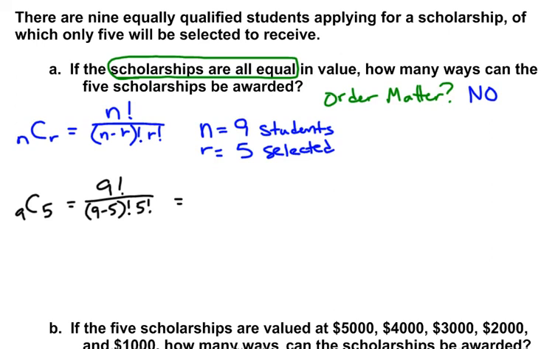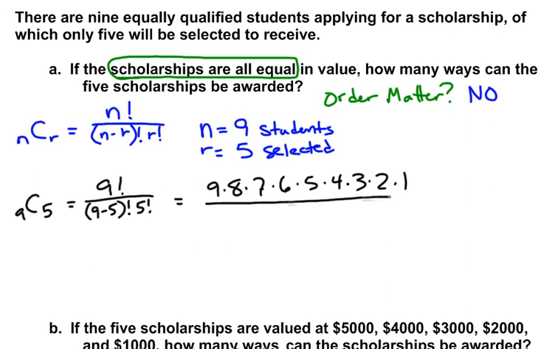And real quickly, that's going to be 9 times 8 times 7 times 6, 5, 4, 3, 2, and 1. And on the bottom, this is going to be 4 factorial, so that would be 4 times 3 times 2 times 1. And of course, this is 5 factorial, so that's going to be 5 times 4 times 3 times 2 times 1.